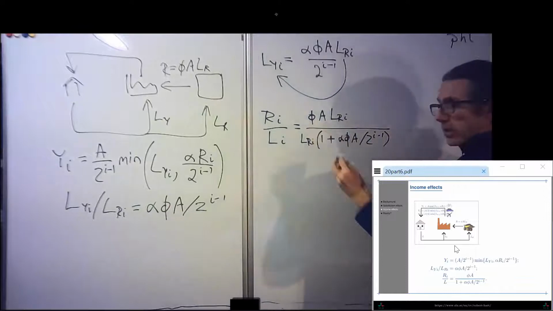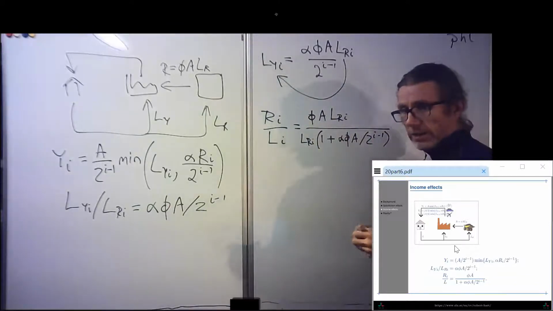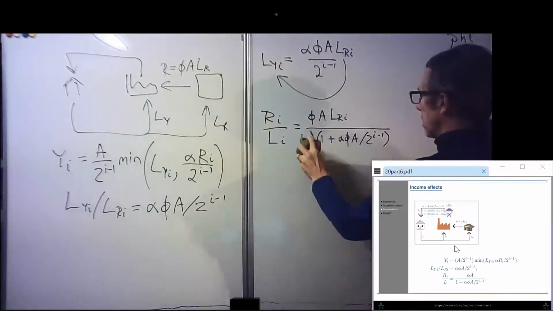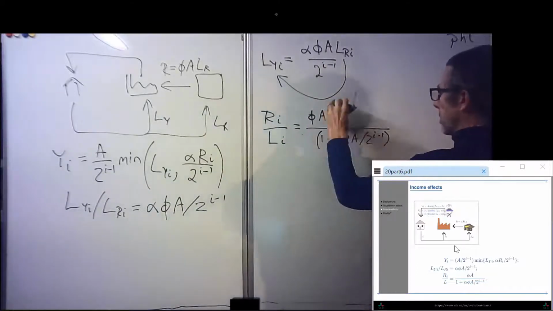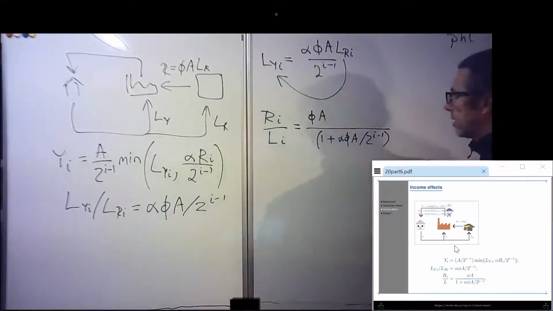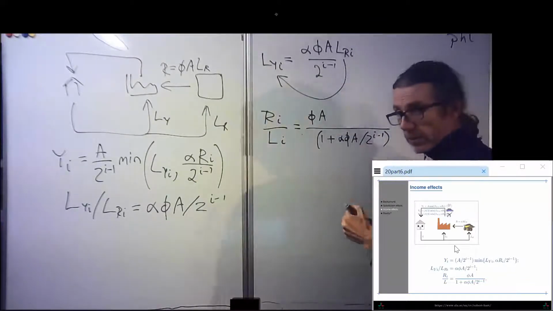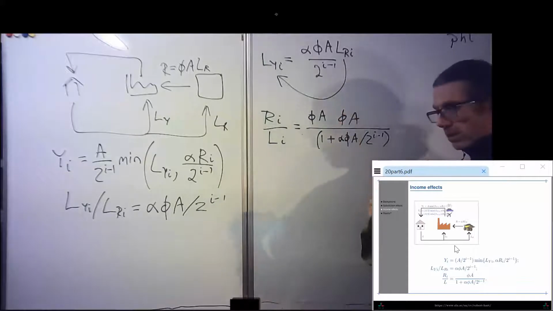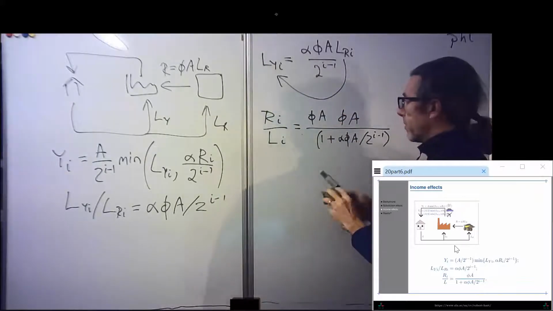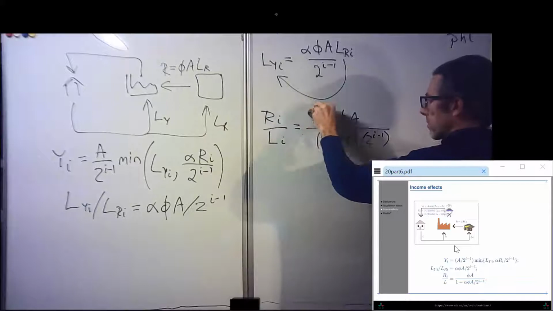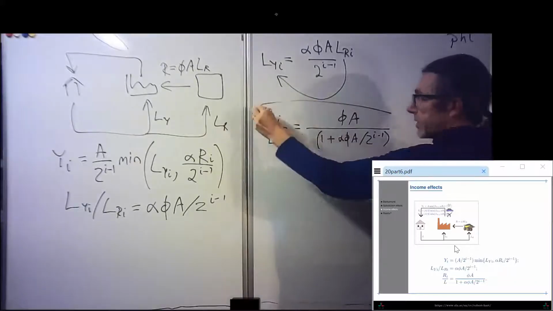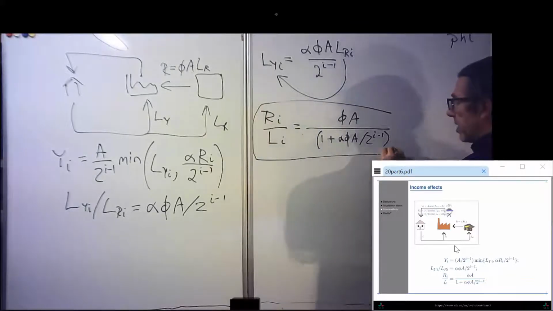And then the L_RIs are going to go out, aren't they? So that goes out with that. And we have this. And I'm just going to rewrite it. I'm going to shift that phi A like that. And hopefully that is the expression in the notes.